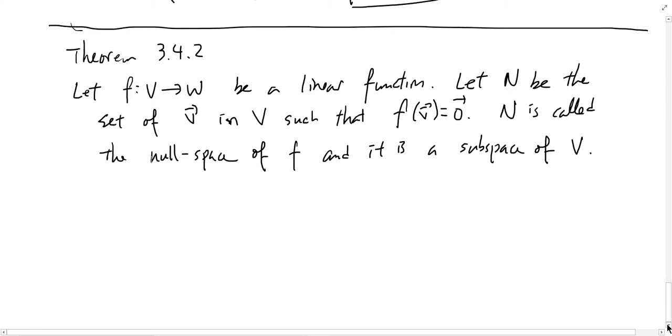So I'll show you how that works with a very simple proof of this theorem. Remember, in order to show that N is a subspace of V, I have to show three things. Number one, it has to have the 0 element; number two, addition closure; and number three, scalar closure. So let's go for these first things first.